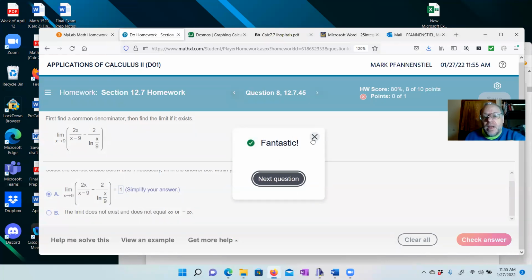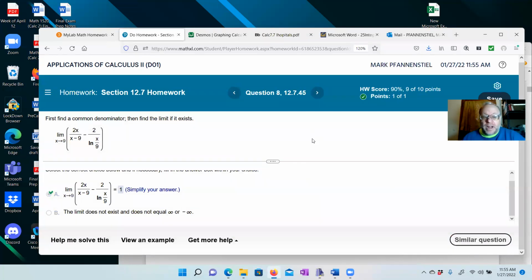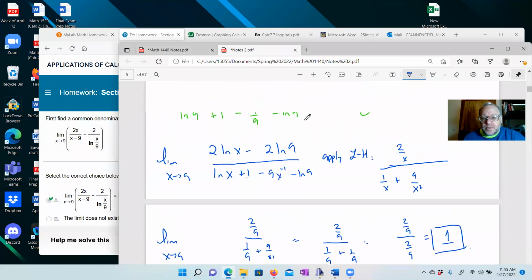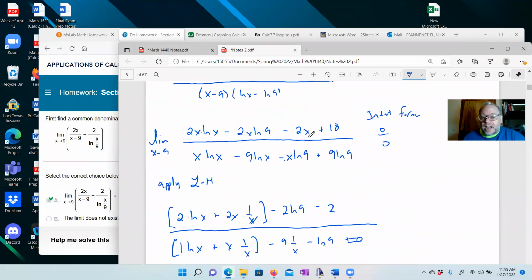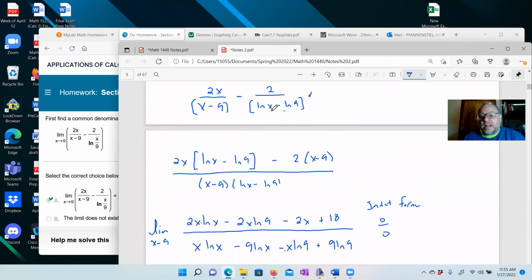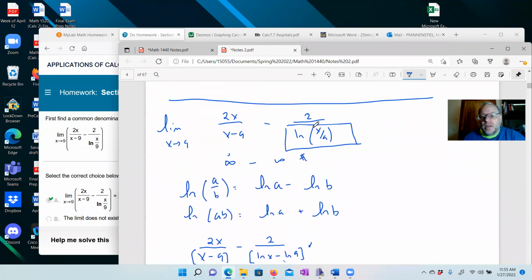and there we go. I'm not going to lie to you, this was a hard problem. Part of the reason I did this with the beginning was because I knew I was going to mess up the chain rule when I dealt with this natural log of x over 9. So I tried to make sure that I didn't mess it up.